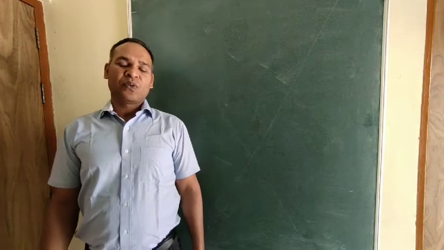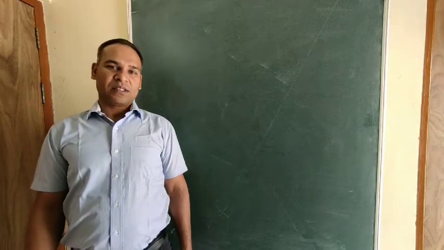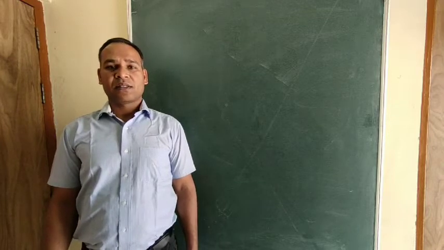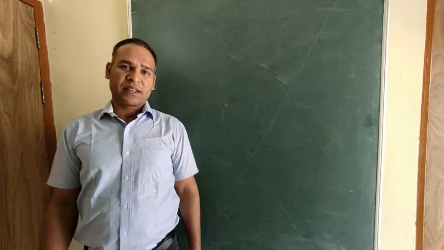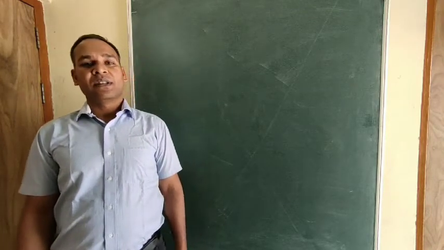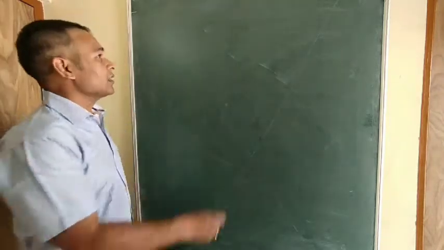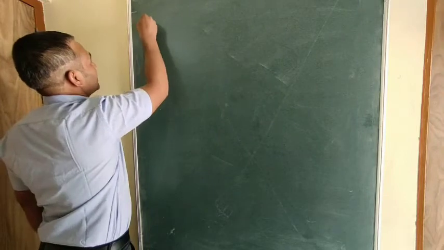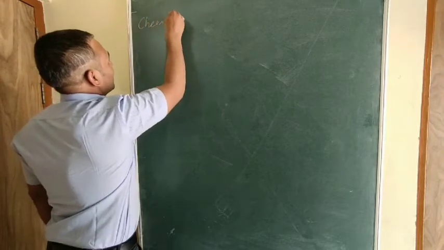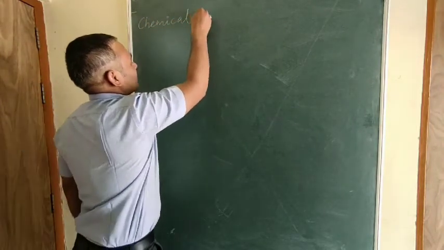Today we are going to start chapter number 1 of class 10th science, that is chemical reactions and equations. So first of all the question comes, what is chemical reaction?